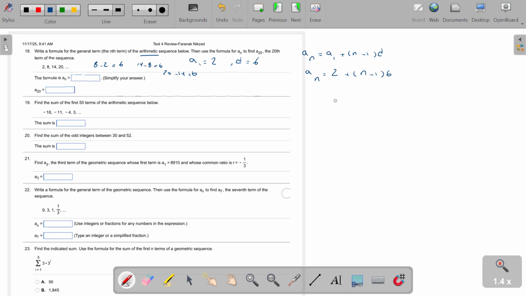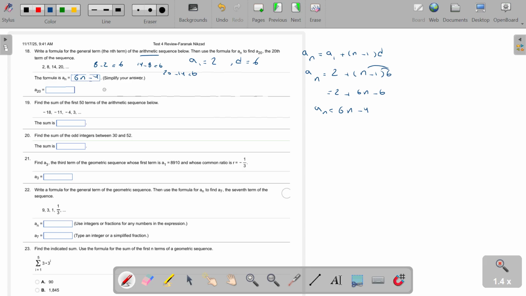Now we need to simplify because the question is asking us to simplify the answer. So this will be 2 plus, distributing the 6, 6n minus 6, and I'm going to write 6n, and 2 minus 6 is negative 4. So the general term will be 6n minus 4.